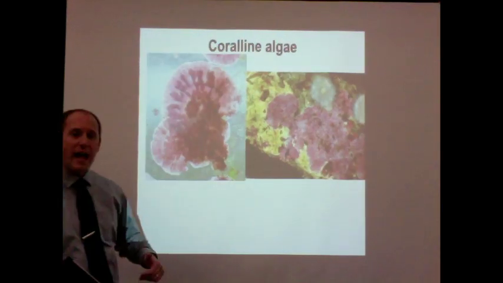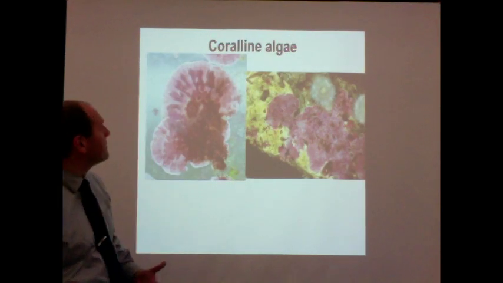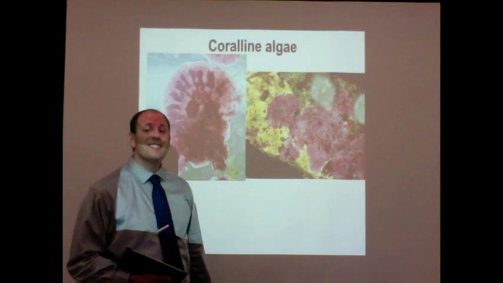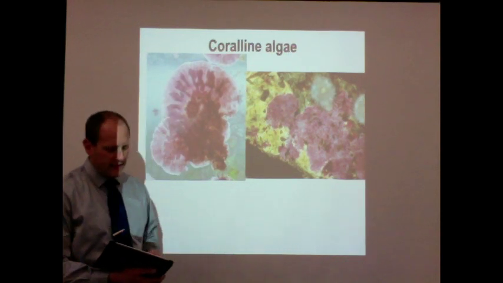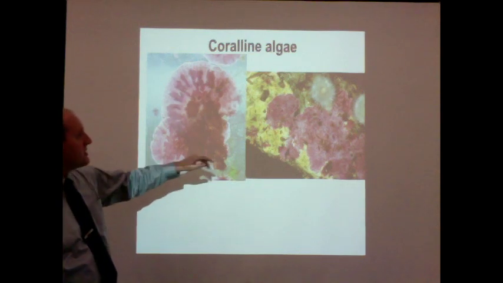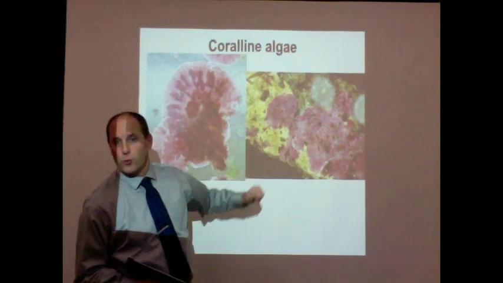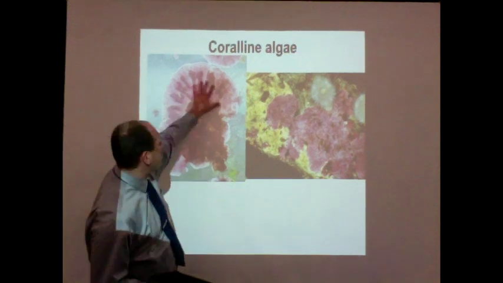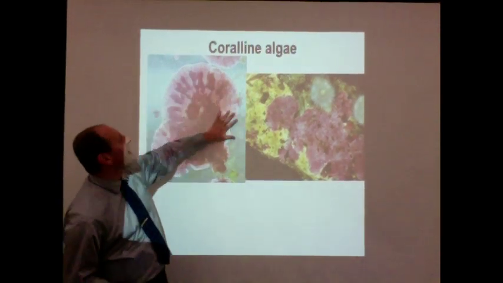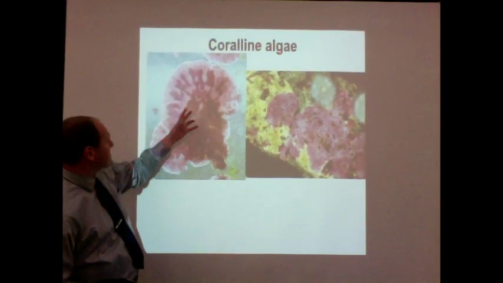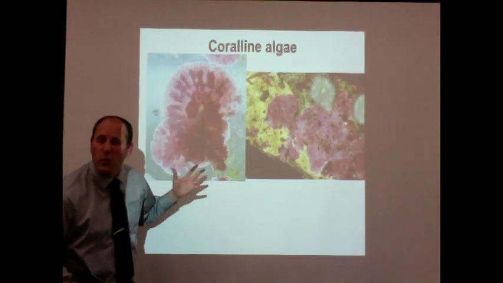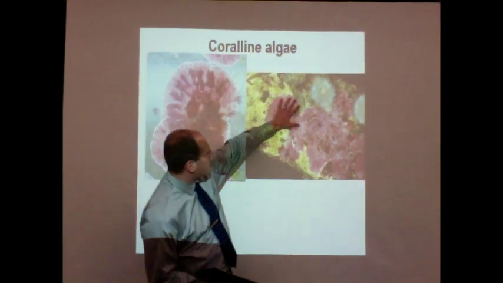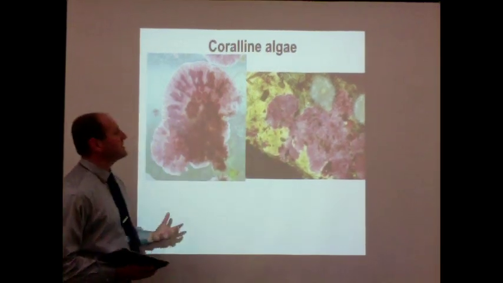Now, there is another type of organism that helps to build the reef, and that is the coralline algae. And this particular algae, this is a red algae, Rhodophyta, and it grows in these big sheets. Here's one that's on glass in an aquarium, probably a little bit bigger than a quarter in size. Here's another one that's growing over here, encrusting these rocks.